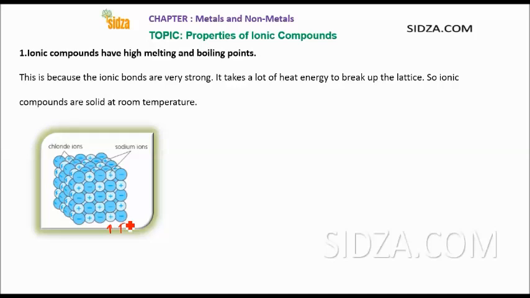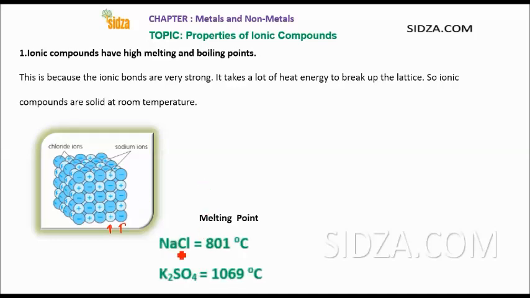The force of attraction is very strong, and that's why it needs a lot of energy to break those ions from the lattice points. So it's not easy to break this compound. We need a lot of energy. That is why ionic compounds have very high melting points and very high boiling points.